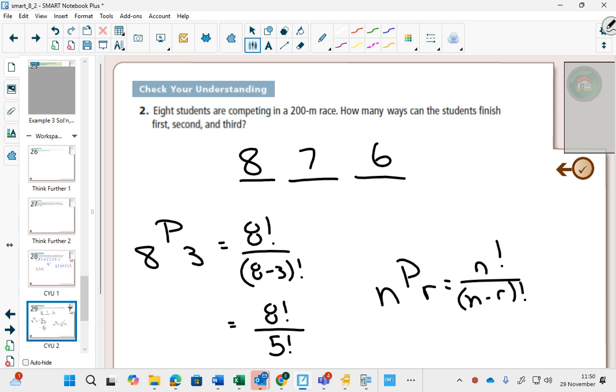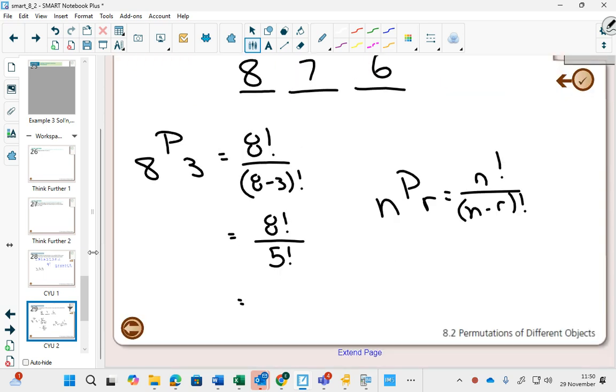And we're going to have to do mental math with factorials. I'm not going to expect you to know that 8 factorial is 40,320, and then have to divide that by 120 and figure out what that is. Instead, we're going to use the definition of factorial. 8 factorial means 8 times 7 times 6 times 5, all the way down.